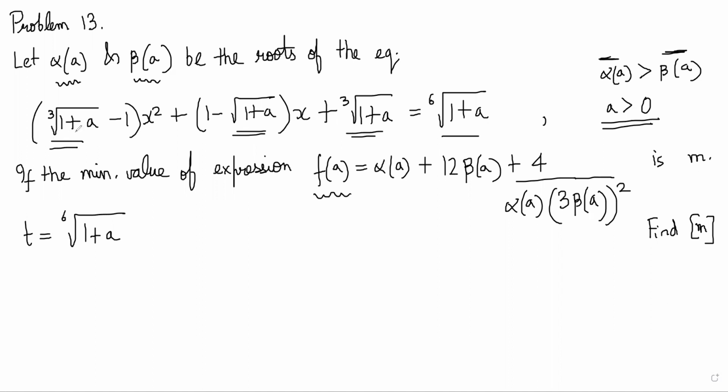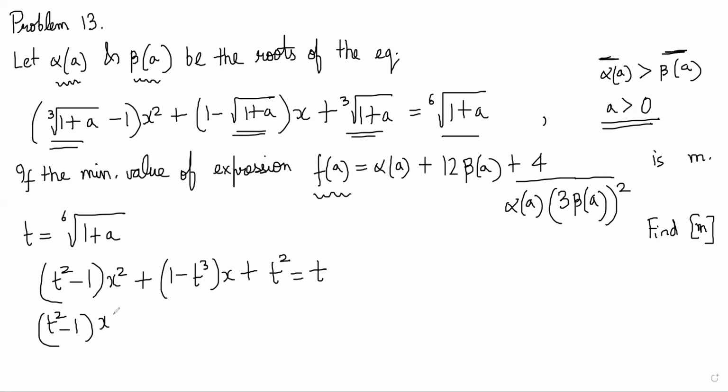So this part will be t square minus 1 x square plus 1 minus t cube x plus t square is equal to t, right? If you simplify this equation a little bit, you will bring everything to one side and try to make it a quadratic.